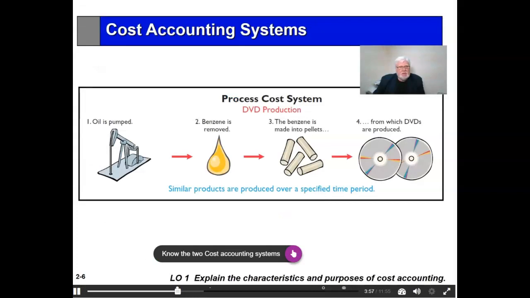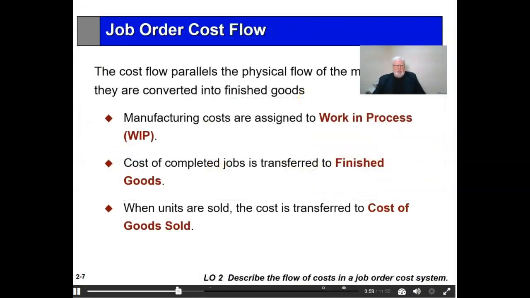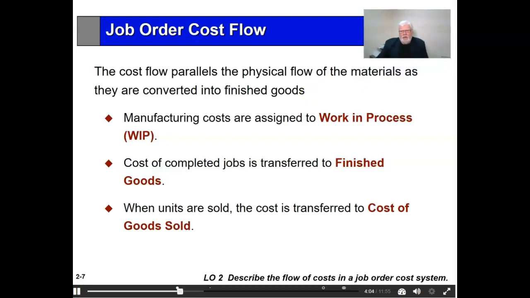we're going to focus on job costing. Now, in job costing, we're going to look at the physical flow that goes through the process as we convert raw material to finished goods. We have three inventories here: raw material inventory, work in process inventory, and finished goods.